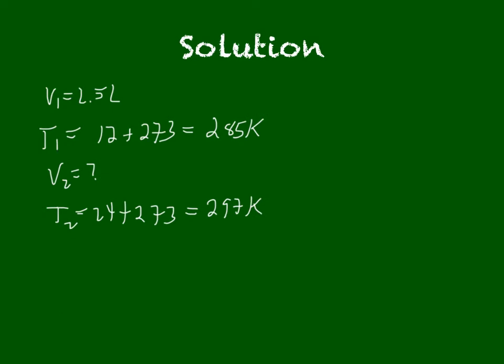So let's take a look at our variables after we do our conversion. Once I've listed these out in terms of Kelvin, I can see that I've got 2.5 liters at 285 Kelvin, and then the volume 2, which I don't know, at 297 Kelvin. Now our equation is V1 over T1 is equal to V2 over T2. I want to find V2, so I'm going to multiply both sides by T2.